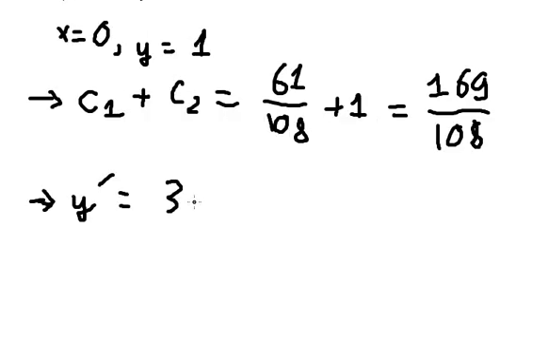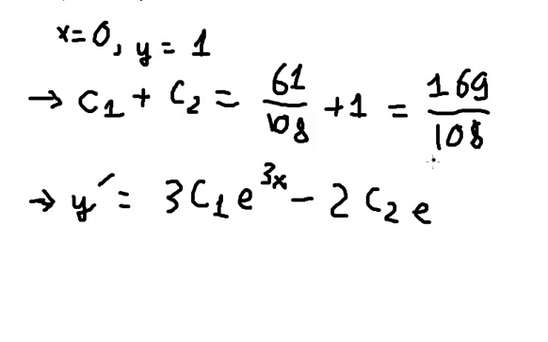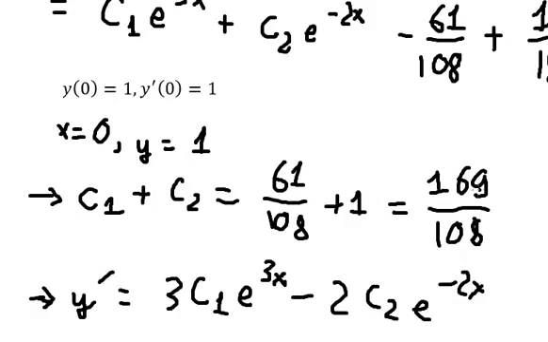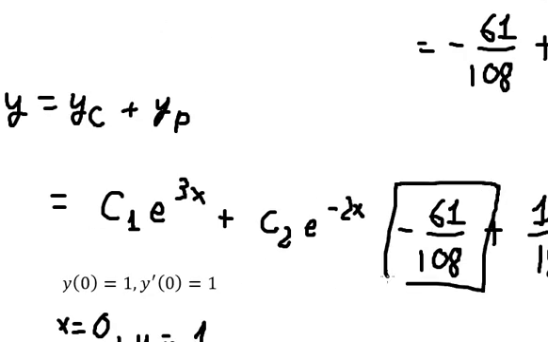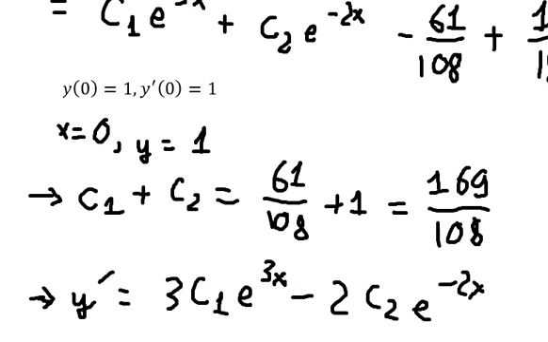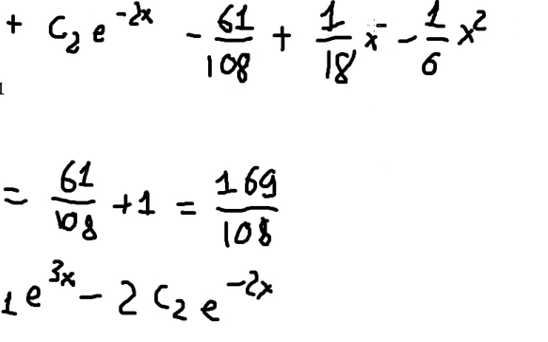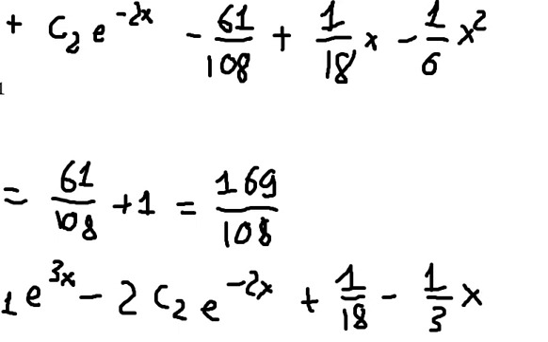We have 3 c1 e to the power of 3s, and negative 2 c2 e to the power of negative 2s. This one is the constant, so you get 0. This one, we have 1. This one, we have negative 1 over 3s.